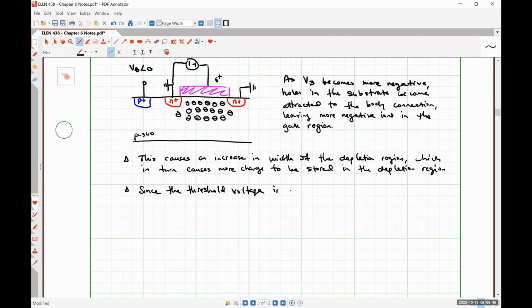The threshold voltage is dependent on the charge stored in the depletion region.